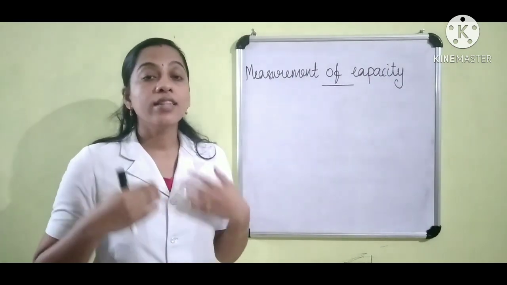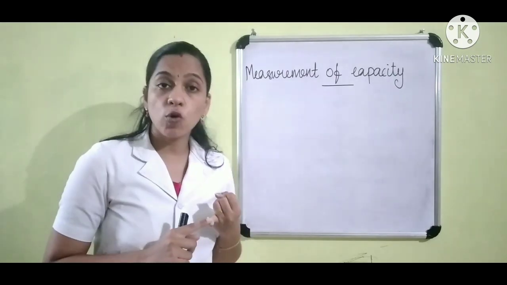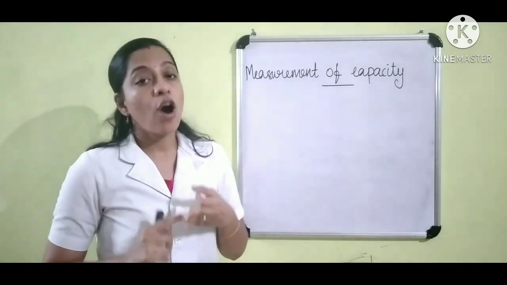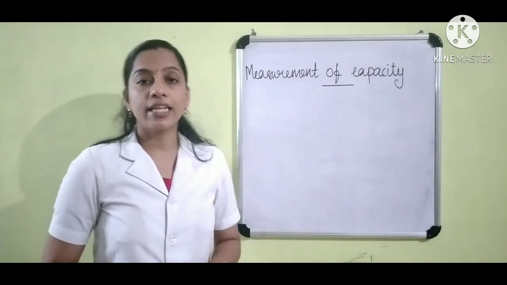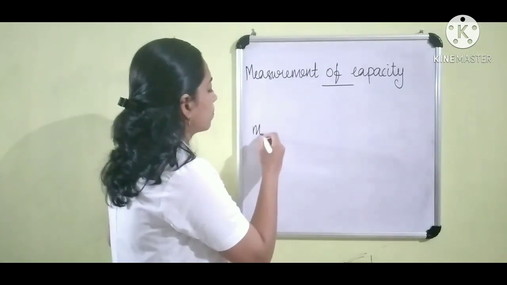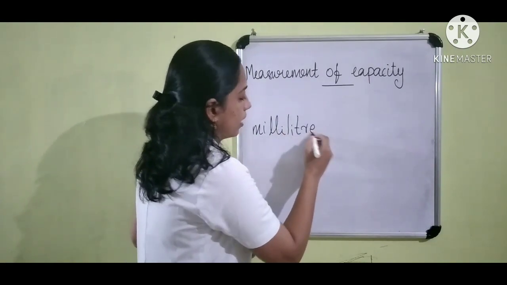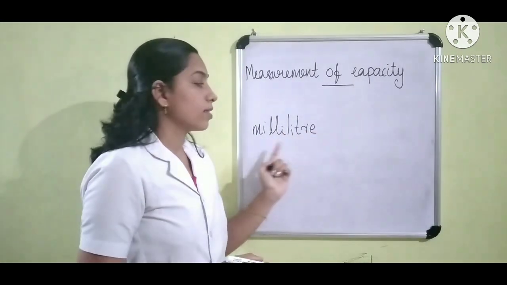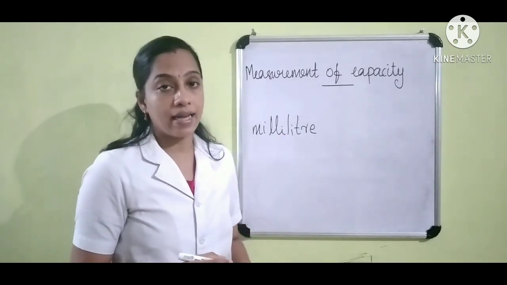The first one, milliliter. I told you we need a standard unit to measure the capacity of a container and the quantity of a liquid. To measure the capacity of a small container such as a spoon, a medicine bottle or a cup, we use a standard unit called milliliter. M-I-L-L-I-L-I-T-R-E. Milliliter. This is used to measure the capacity of small containers.